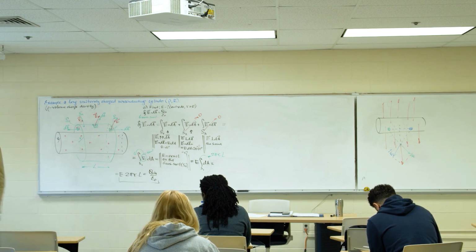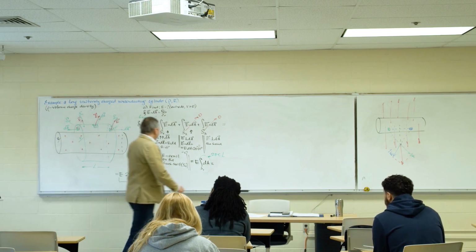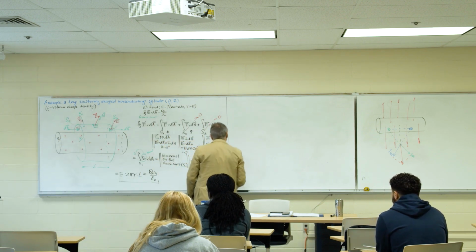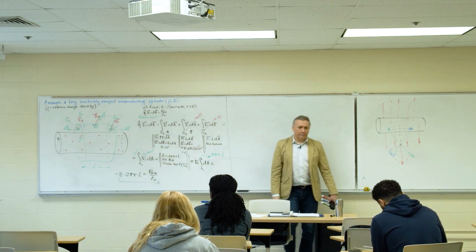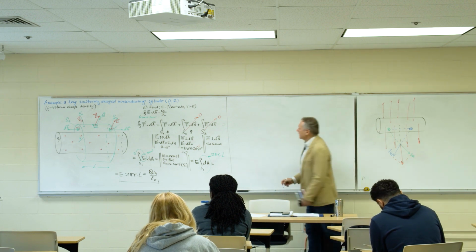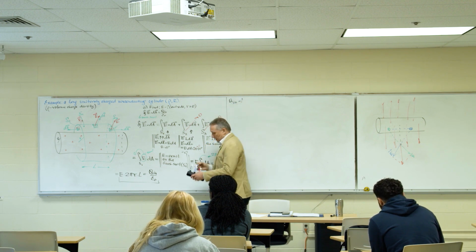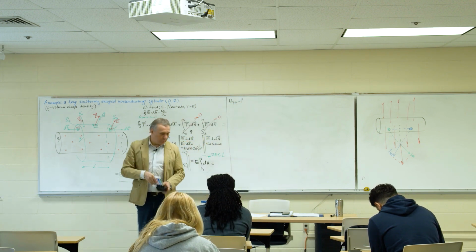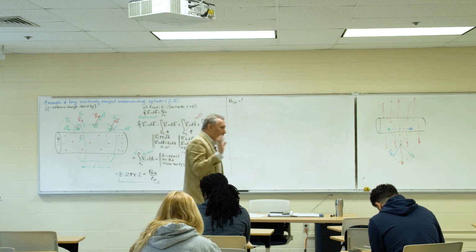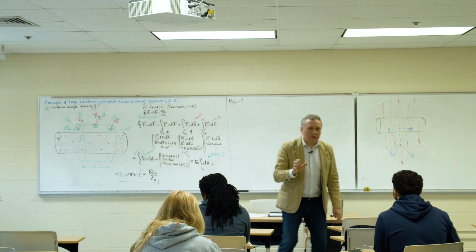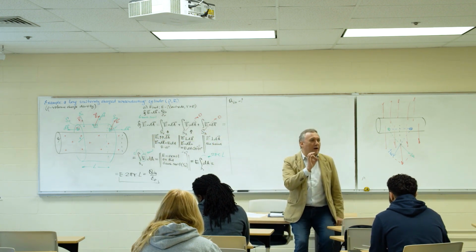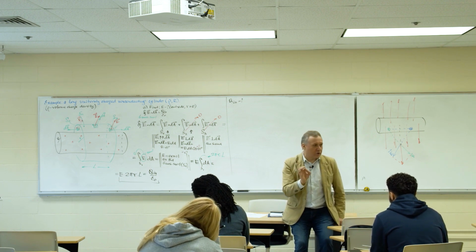And now we just need to find Q enclosed. Almost getting closer to the end. So, Q enclosed. And again, guys, it must be clear for you. In the previous example, total charge was given, and we had to find volume charge density.